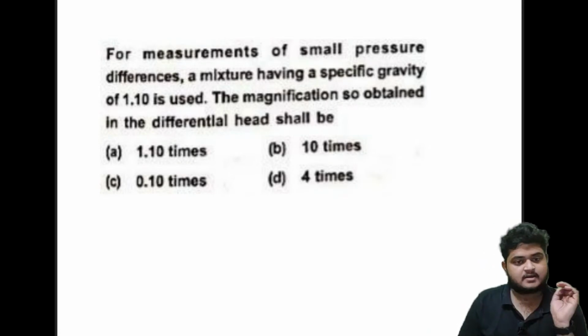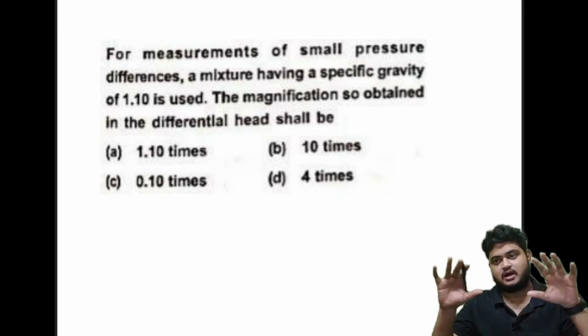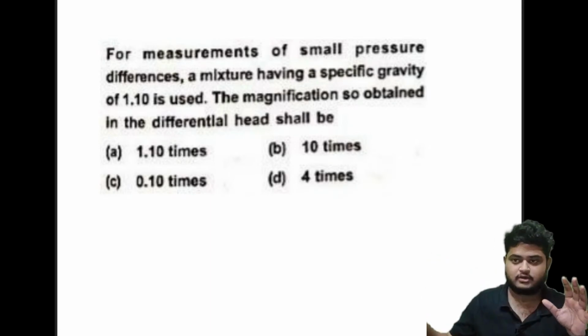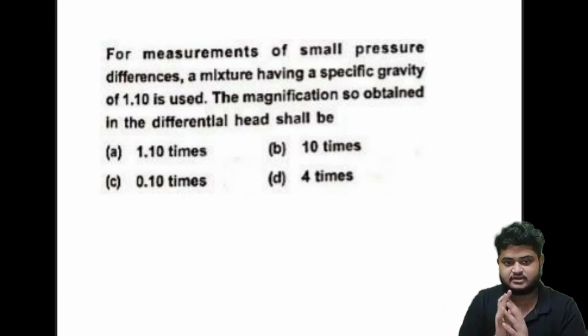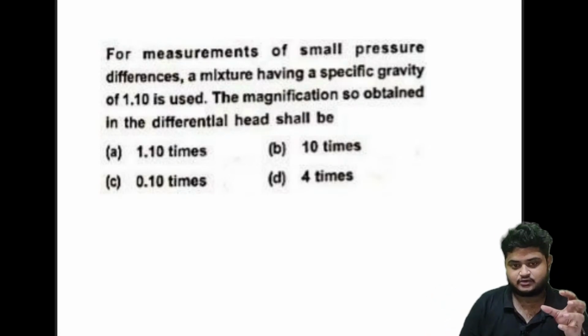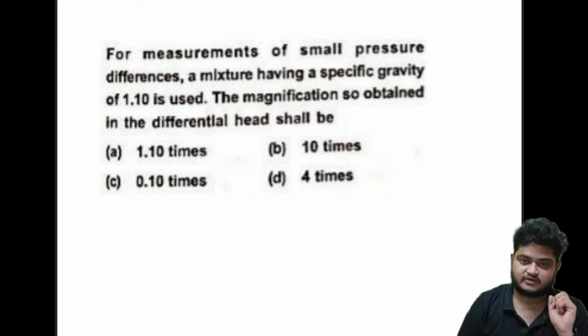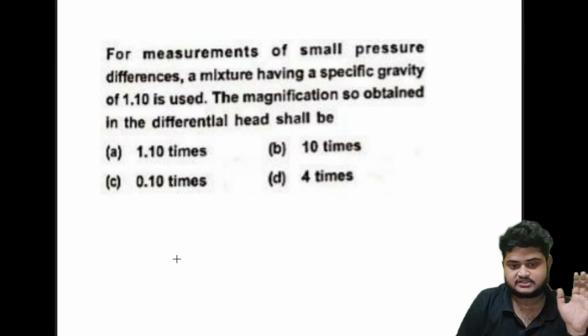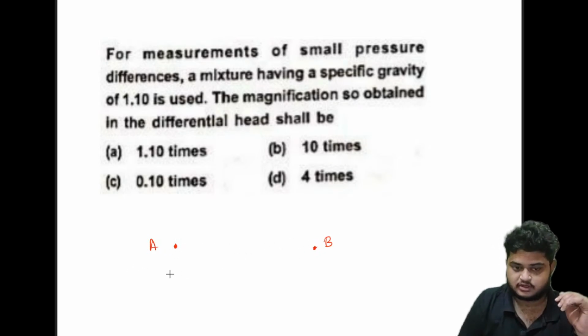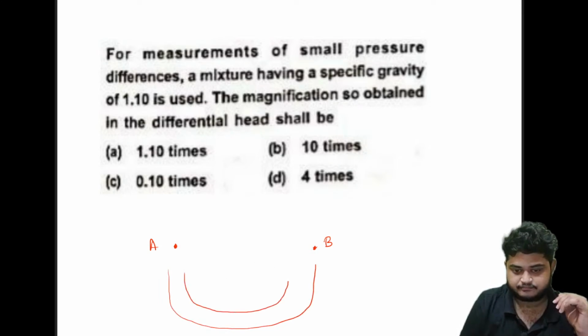Here the small head difference between a flow is given, and they want us to magnify the difference between these 2 points. Suppose the first point is A and the second point is B. So if the difference between A and B is so small, how can we magnify this with the help of this manometer?